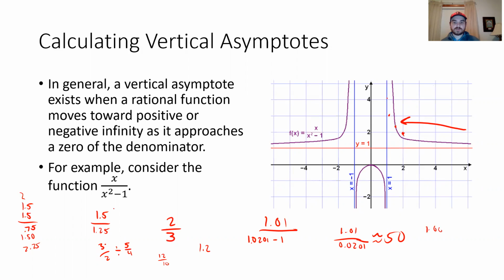Obviously, if we went to 1.0001, you'd have some silly number on the bottom, like 0.0000020001 or something like that. And you're effectively just going to keep getting bigger and bigger numbers here. So eventually you'll hit positive infinity, but you'll never actually hit this point where x equals 1. Because if x equals 1, you get 1 squared minus 1 on the bottom. That's 0. That's undefined.